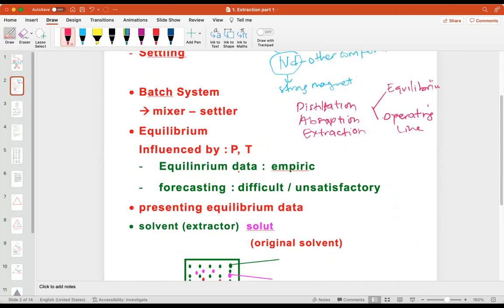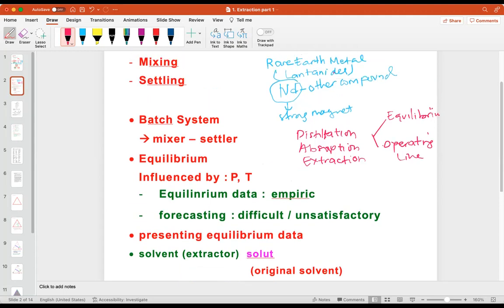Okay, so the equilibrium is of course influenced by the pressure and the temperature, and the equilibrium data is always empirical. Even a few months ago, when I studied rare earth metals, there was no equilibrium data for this separation.